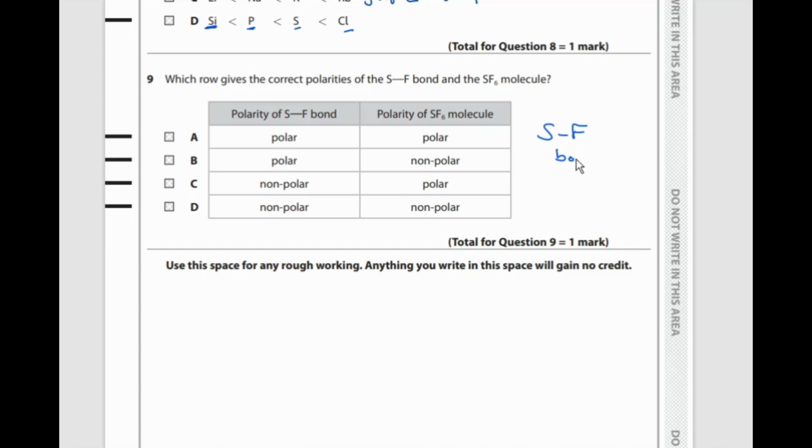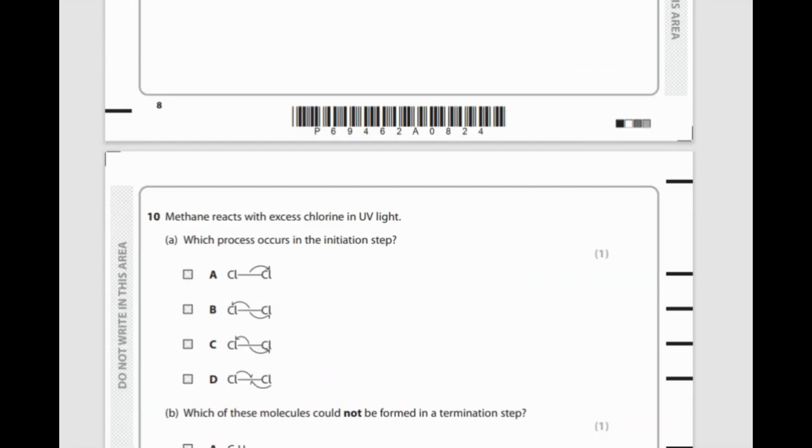Now in this case, sulfur bonded to fluorine forms what we call a polar bond. But the molecule of sulfur 6 fluoride is symmetrical, so the polarities will cancel out, giving us our answer as B.